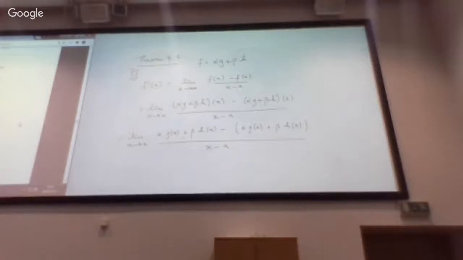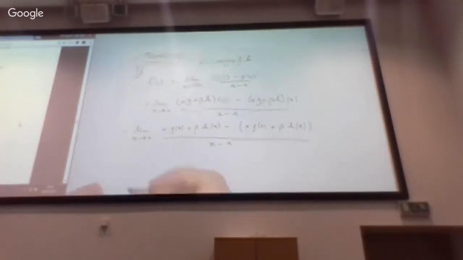Okay, so the justification for that step is simply the definition of addition and scalar multiplication for real valued functions. Now, in the numerator, we just have 4 terms added together. Alpha g x, beta h x, minus alpha g a, minus beta h a. We just separate out the g and the h, bring all the g's together, bring all the h's together.